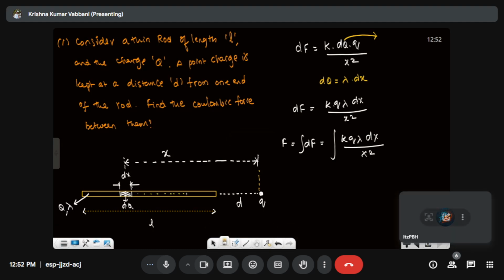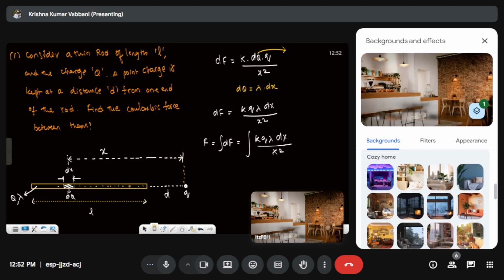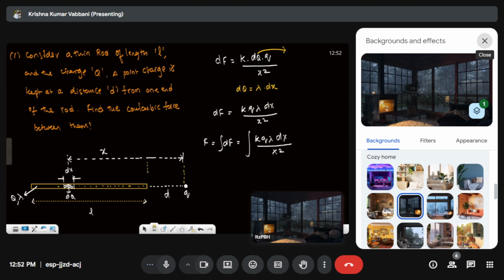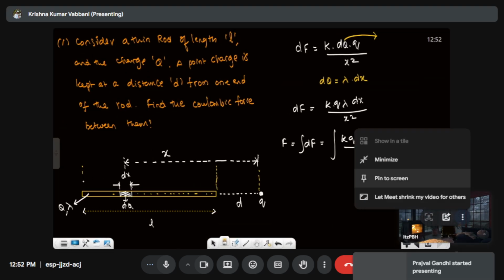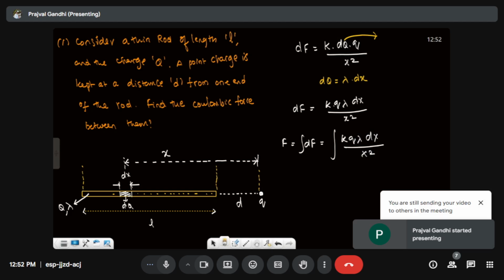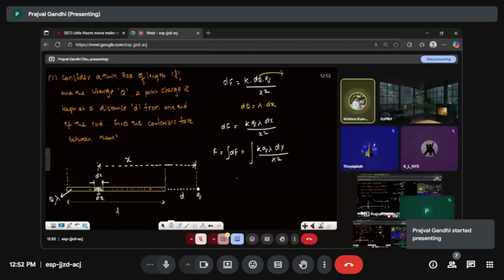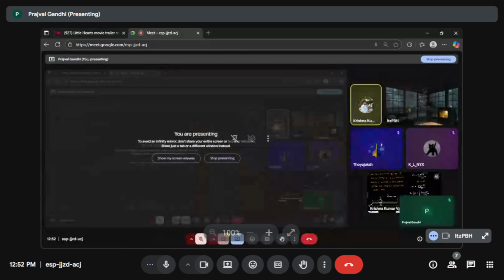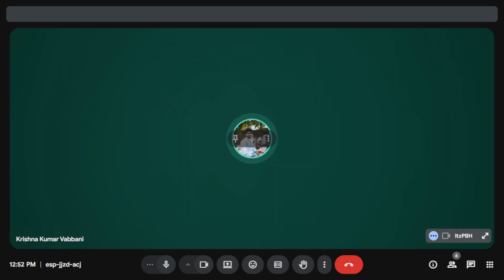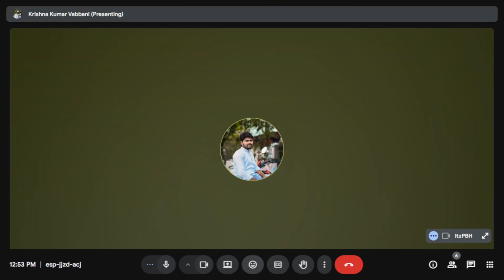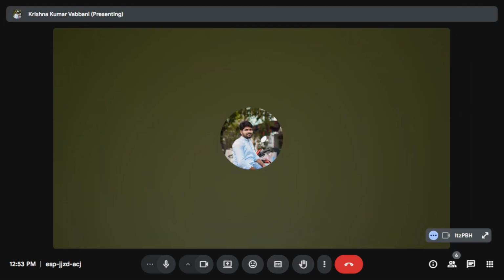It will move this side, means it will move along the whole rod. So that's why I have to take the limits of the rod from here to here. What is this distance? This distance is nothing but d. From here, what is the total? d plus L. This is d, my total length is d plus L.